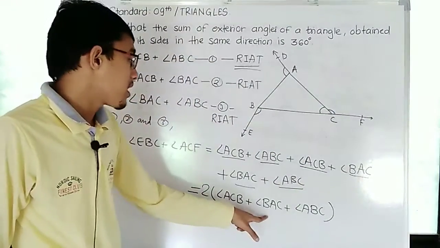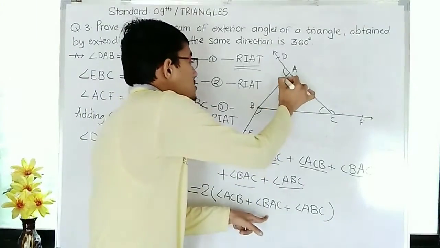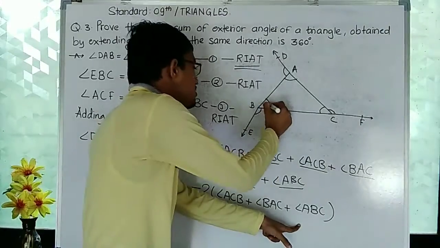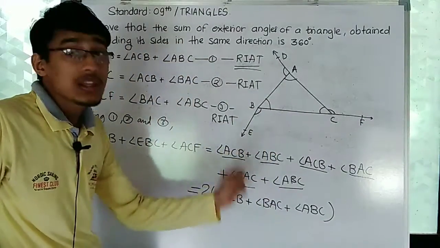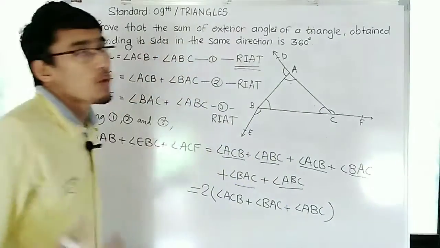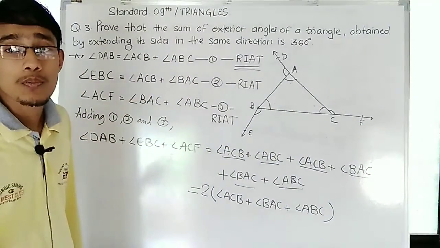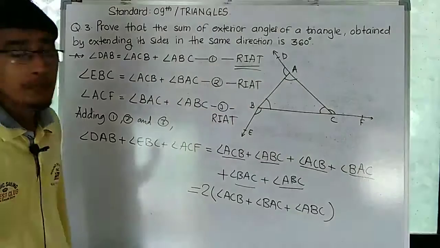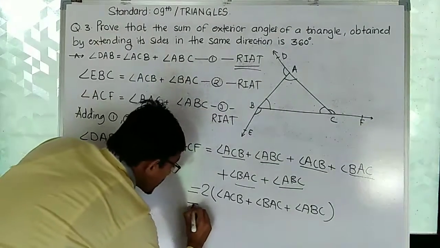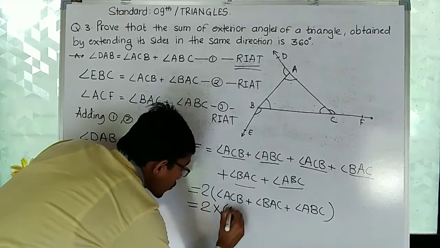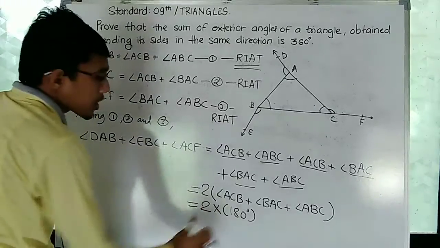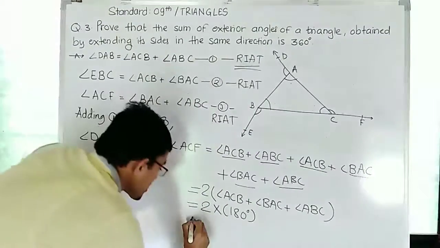Then angle BAC, that is this angle, and angle ABC, that means this angle. The sum of all these 3 angles, what will be the sum? The sum is going to be 180 degrees. As we know that the sum of measures of all angles in a triangle is 180 degrees, so we can write 2 into 180 degrees. And what is 2 into 180? It is 360.